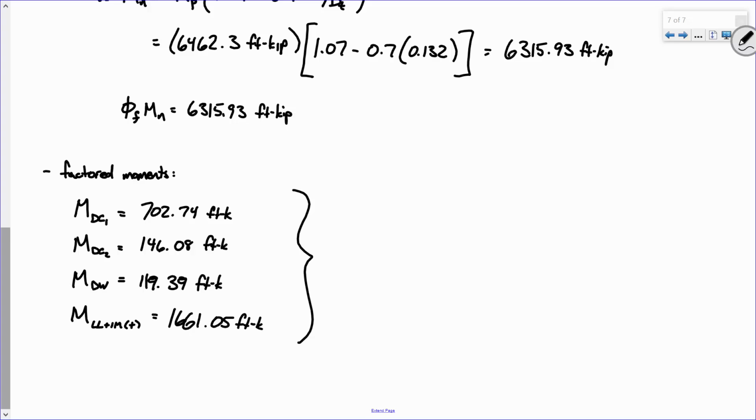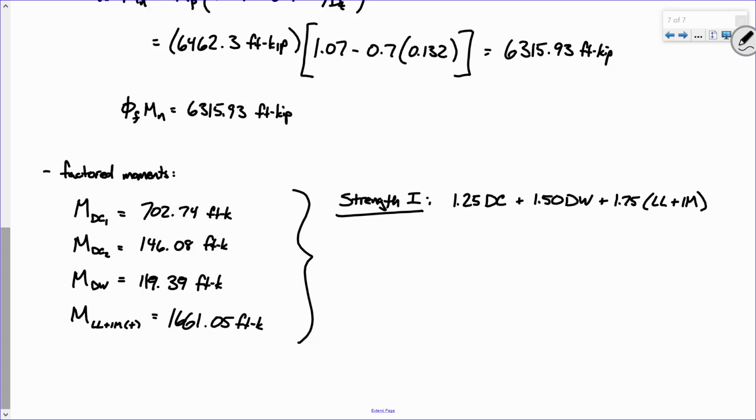Sound good? Now we need to take these moments and factor them. Now I'm factoring them according to the strength limit state. Specifically, strength 1, which states that the load combo is 1.25 DC plus 1.5 DW plus 1.75 live load effects.